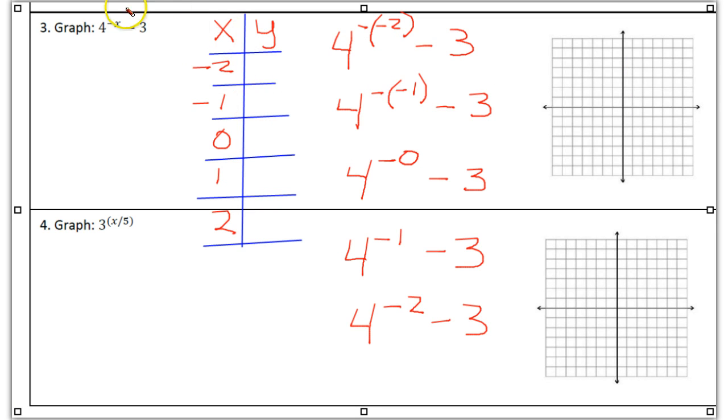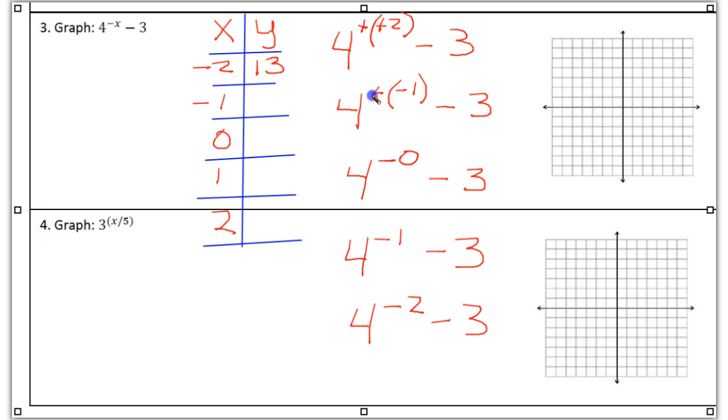In example 3, we'll follow the same procedure. Now notice there is a negative sign in front of the x. So when we put in our negative value for x, this is going to become a plus. So 4 to the second is 16, minus 3 is 13.